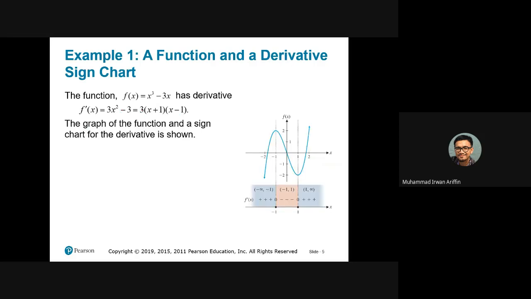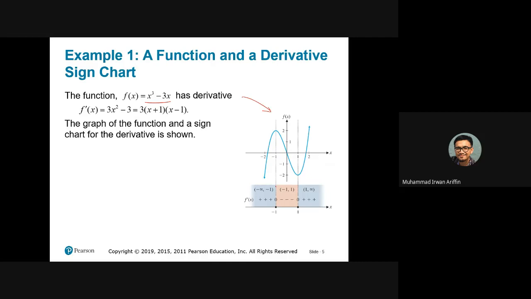Now, the graph of this function, this is how we draw the graph. Since it is a cubic function, it has this N shape. Okay, and this is how we construct the sign chart.